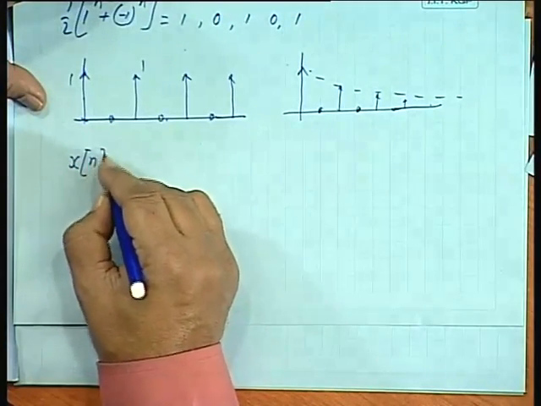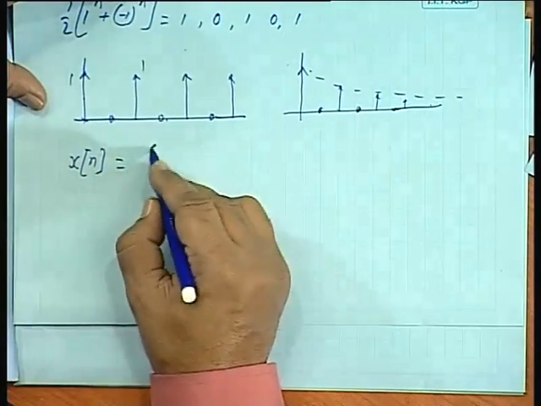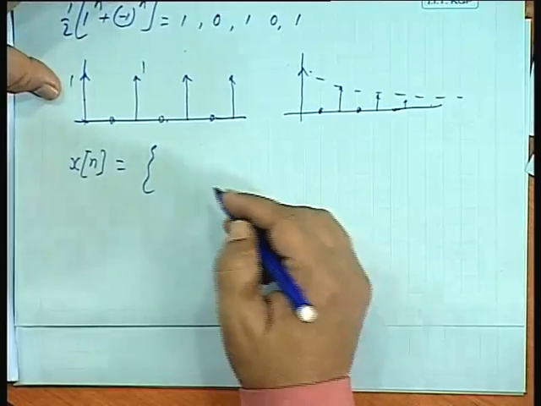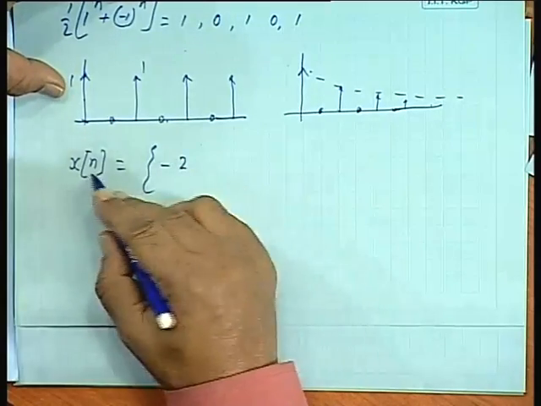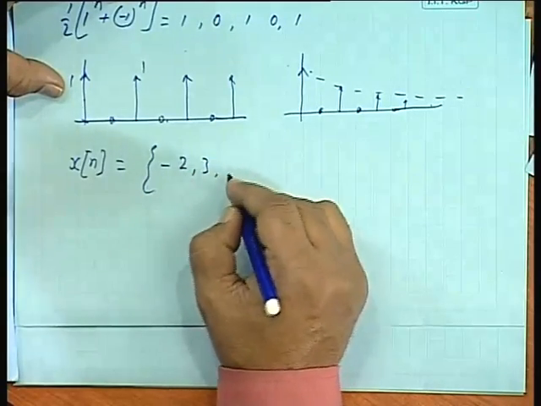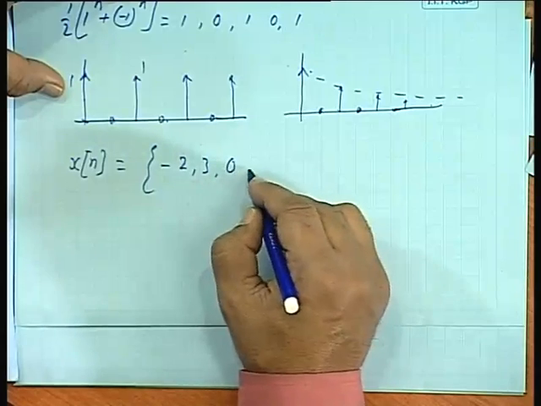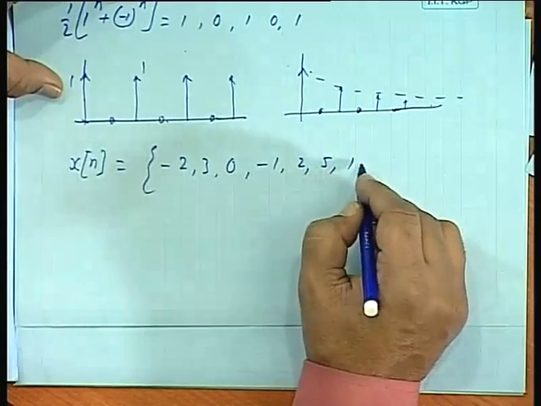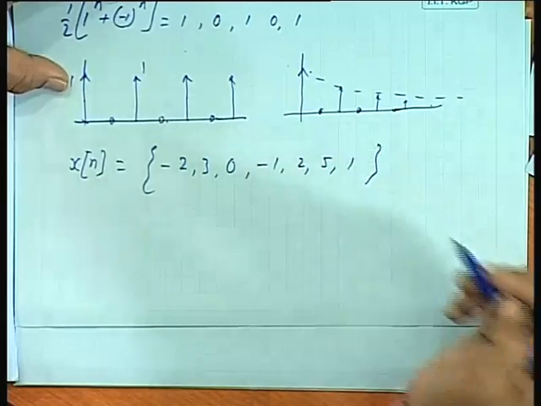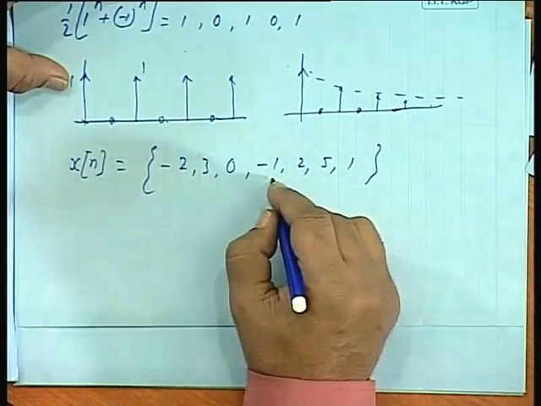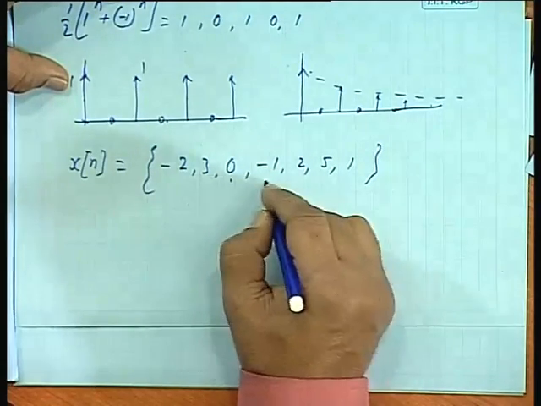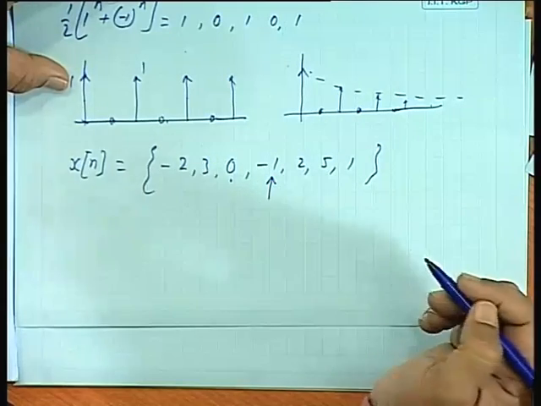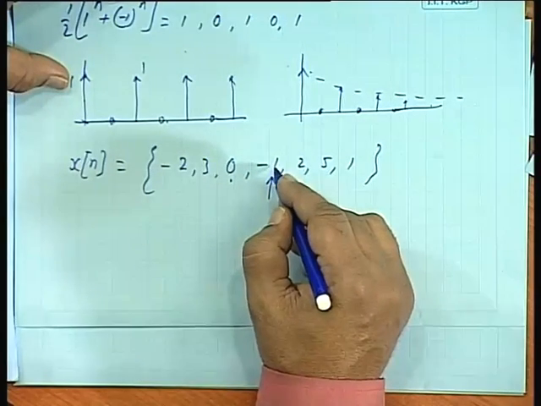Now, x n, the series, is normally written, if it is a finite series, then say -2, 3, 0, -1, 2, 5, 1, and this is a finite series. I show by an arrow, suppose there is an arrow here, that means this is the origin.